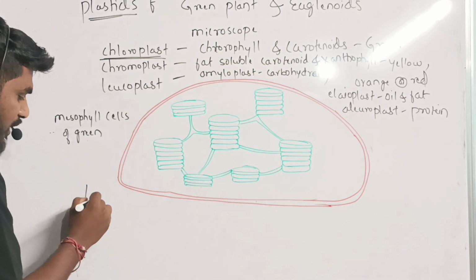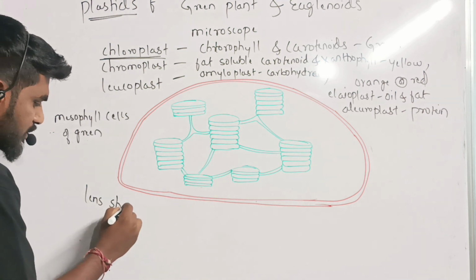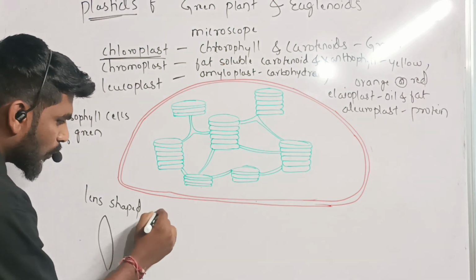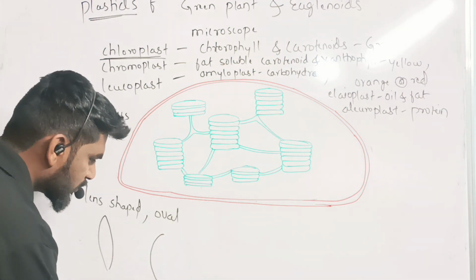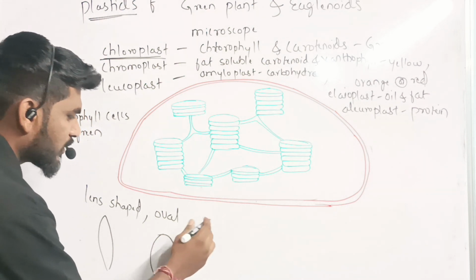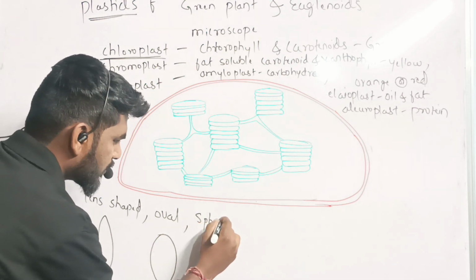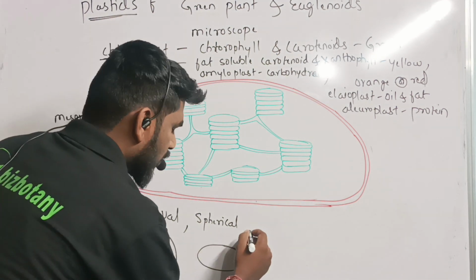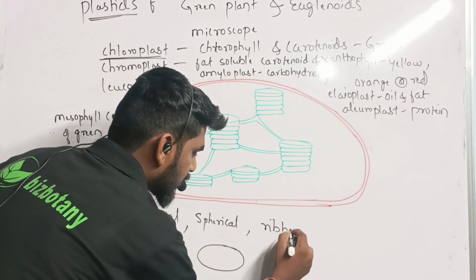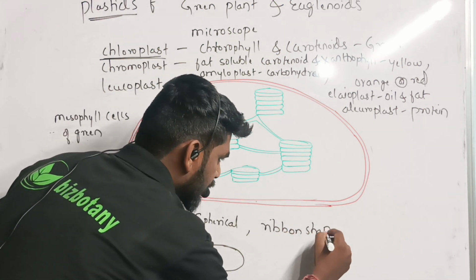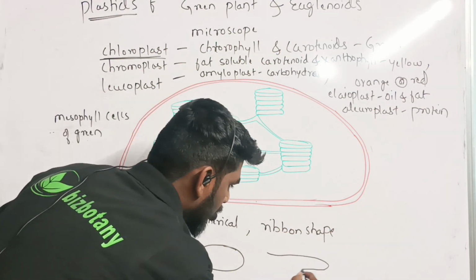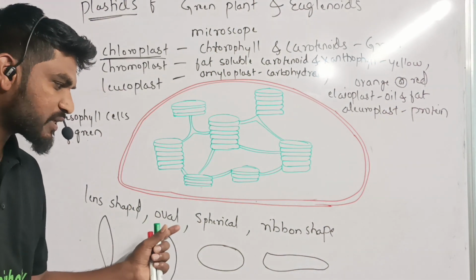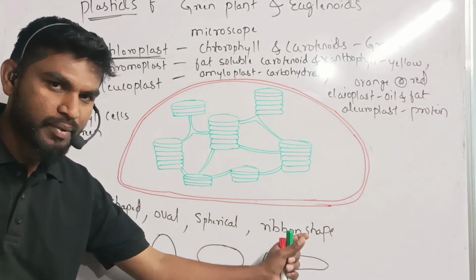They are lens shaped भी हो सकता है। ओवल शेप, ओवल बोले तो एग शेप, और स्पेरिकल शेप, और रिबन शेप का भी आपको क्लोरोप्लास्ट देखने को मिलेंगे। They may be lens shaped, oval shaped, spherical shaped, ribbon shaped.